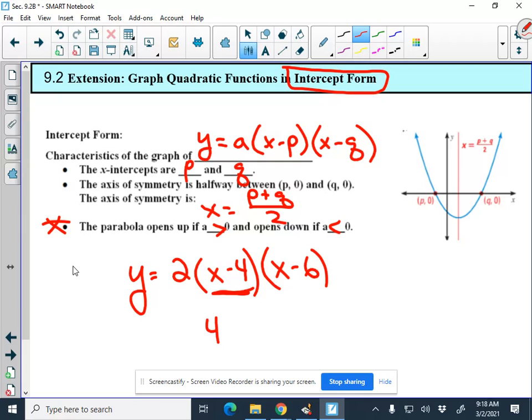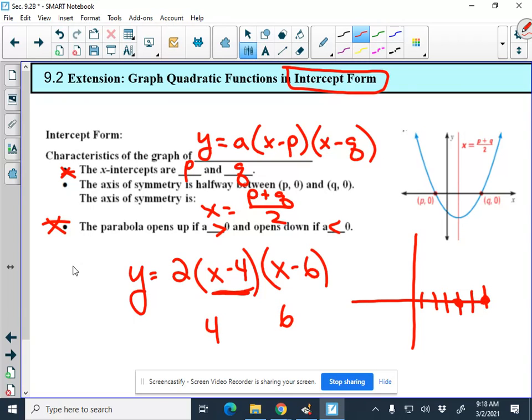And that would be our value here for p. It's the opposite. So if we were graphing it, we would go to 1, 2, 3, 4, and that's one of the intercepts. It's where it crosses x. When something intercepts, that means it crosses or connects. All right? The other intercept would be 6. So 1, 2, this one's at 6.